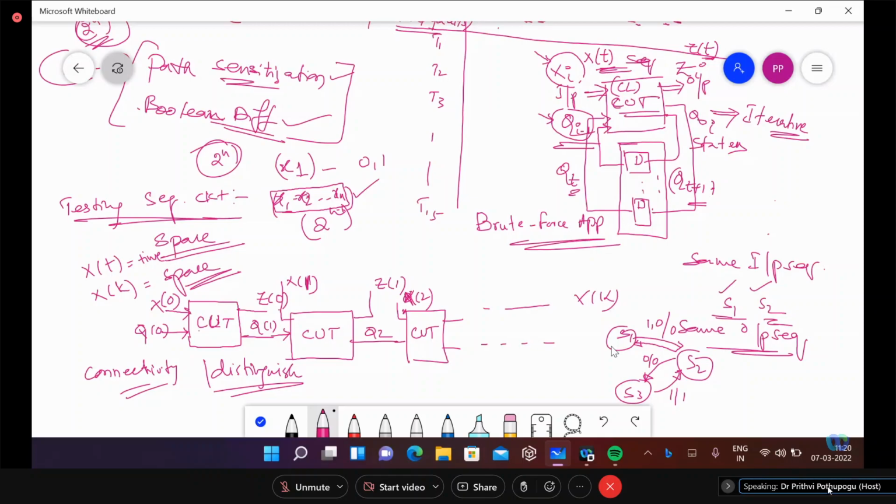Such tests have to be performed wherein the strongly connected sequences have to be found. This sounds similar to our state table; the same concept we are taking here also.